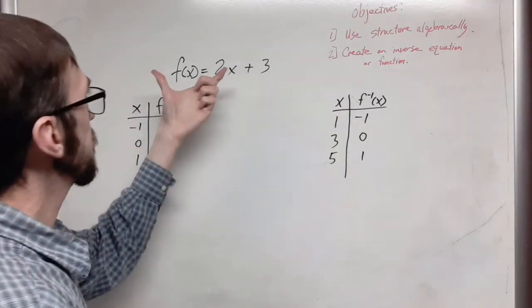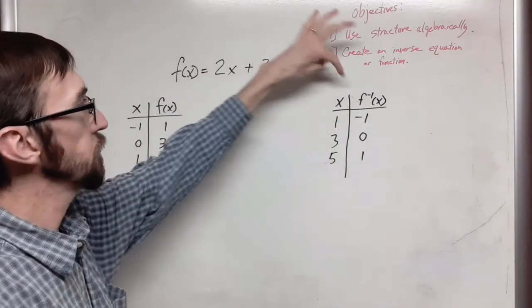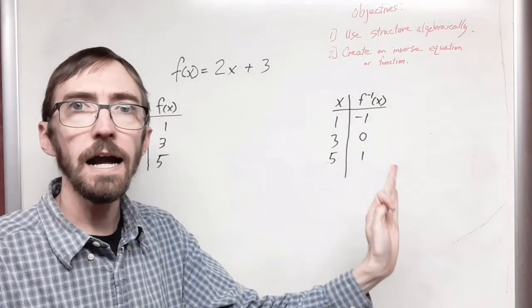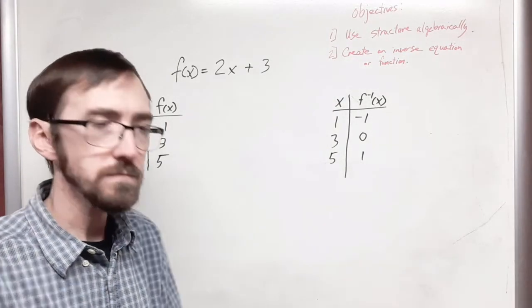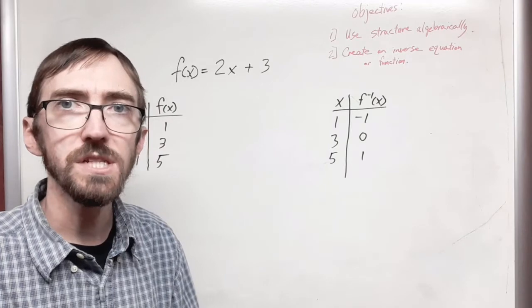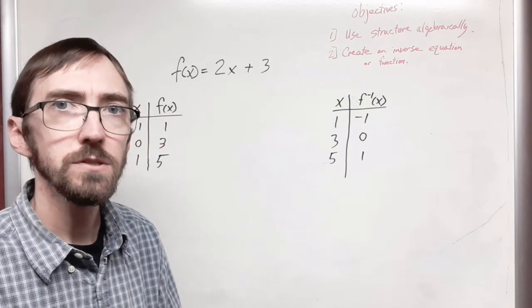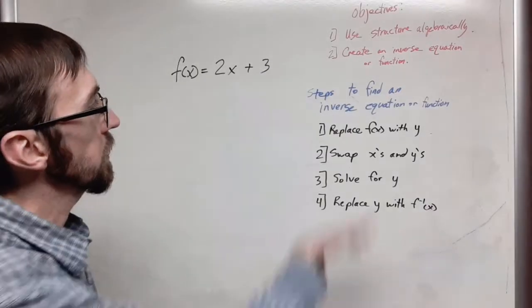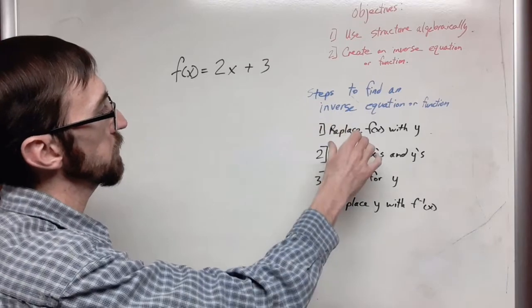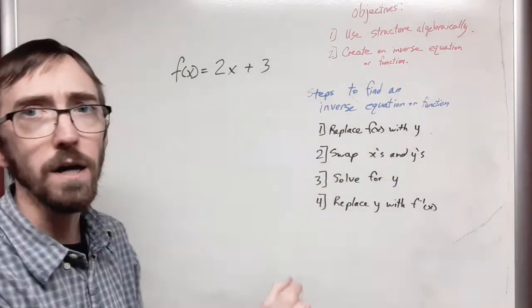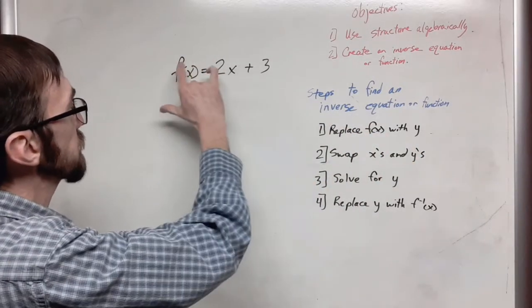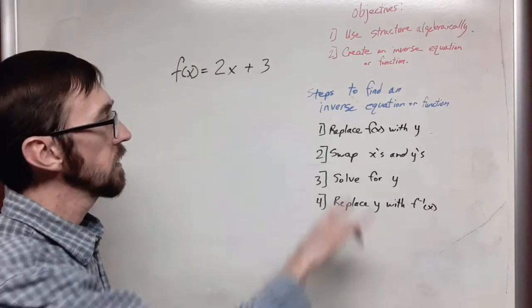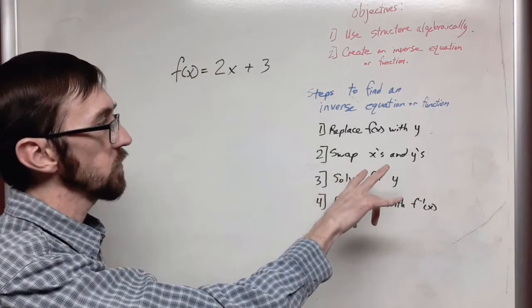And so how do we get from here to find this mysterious function that has these properties? There are a few steps that we're going to go through to do this. All right, our steps are going to be that we're going to replace the function notation with a y. So this f of x is going to be switched to a y. Then we're going to swap the x's and the y's.